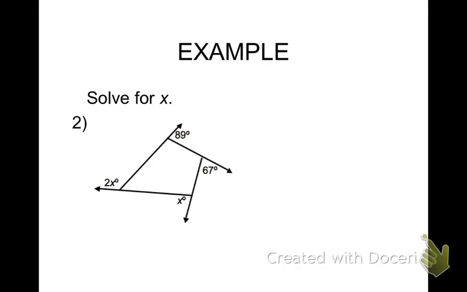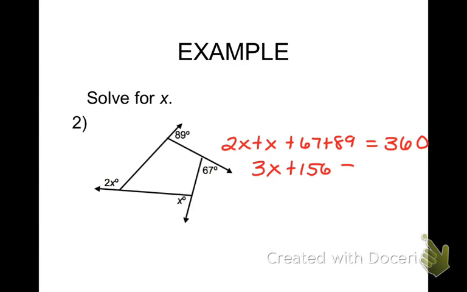So when you see those exterior angles, you should be thinking, awesome, I don't need to do that much thinking, because all I'm going to do is add them up. So 2x plus x plus 67 plus 89 equals 360, and solve that equation. 2x plus x is 3x, 67 plus 89 is 156, equal to 360.